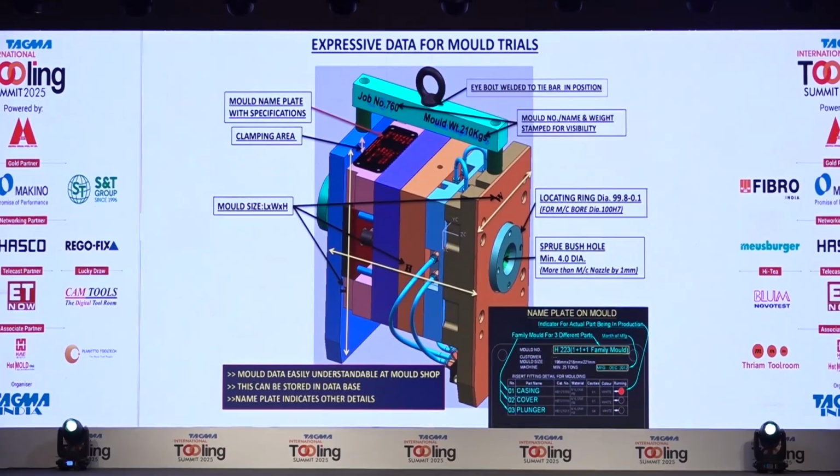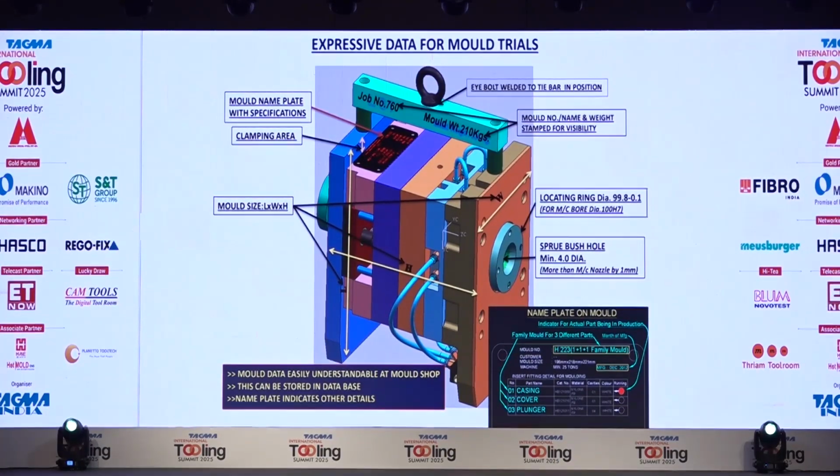Now here I have tried to show what happens if the educated youth come into the industry and they want to be made ready without going back to this. I have shown a pictorial representation of a mold, what it looks like when they come to a molding shop. It is written there as the expressive data of a mold trial. So this is the fact.